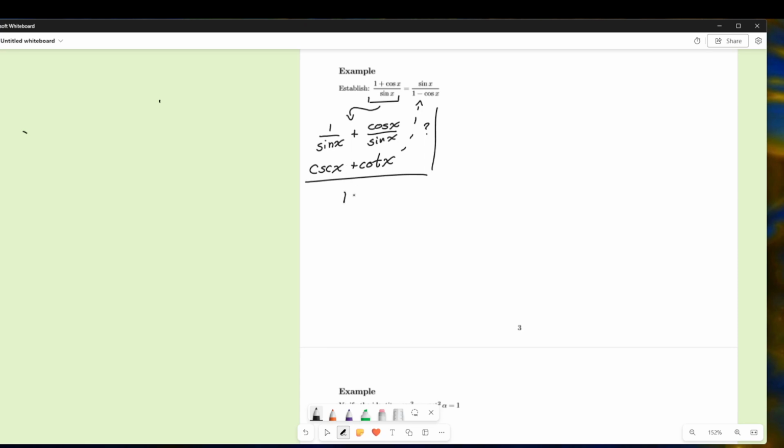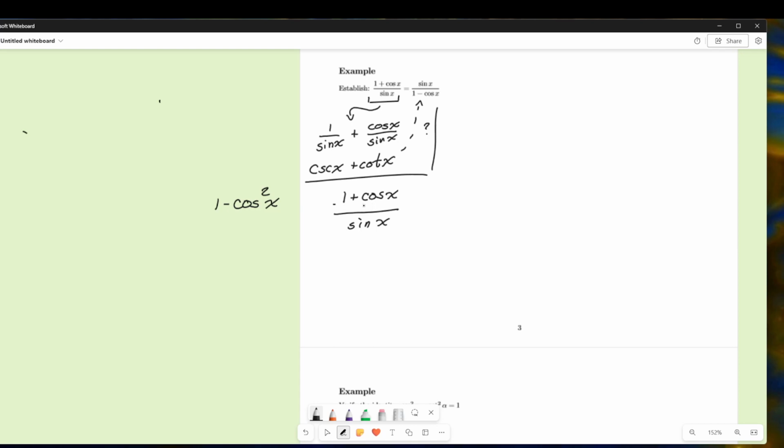One of the things we might notice is that this 1 plus cosine x, again over sine x, looks like it's trying to be one of our Pythagorean identities. Now again, our Pythagorean identity would be 1 minus cosine squared x. And we don't have that. We have a 1, great, but it's a plus, not a subtraction.